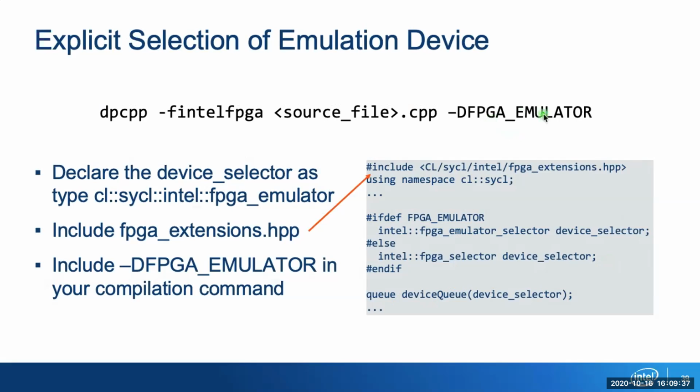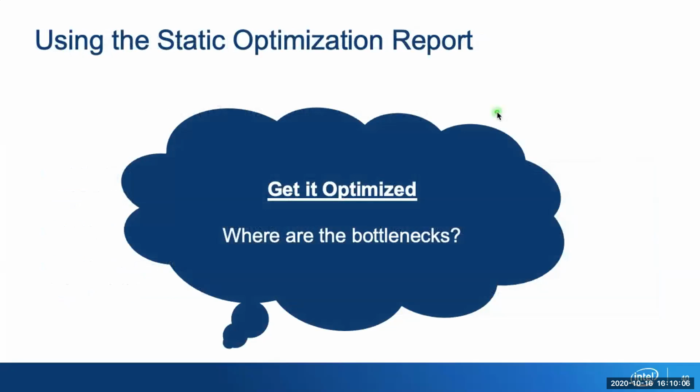We can pass an argument to the compiler, and we put this ifdef in the code to select the right device selector, which is an FPGA selector or FPGA emulator selector. So to emulate, you use the parameter. Okay, my code is functional, right?